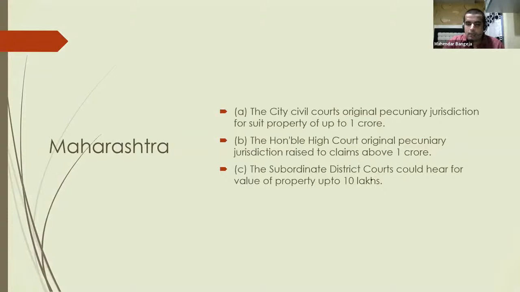Now in Maharashtra, the pecuniary limit differs from region to region, but broadly this is the pecuniary limit in most parts of Maharashtra. The first is that subordinate district court के पास jurisdiction रहेगी 10 lakhs तक, city civil के पास up to 1 crore तक, and above 1 crore will be by high court.